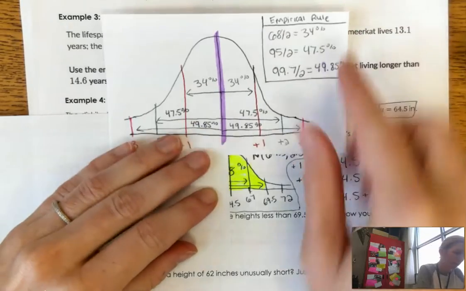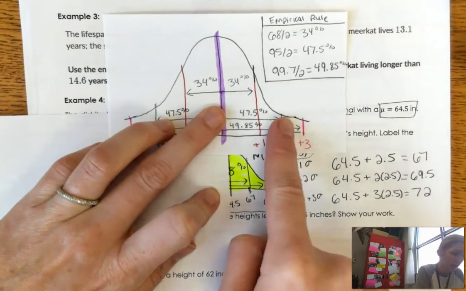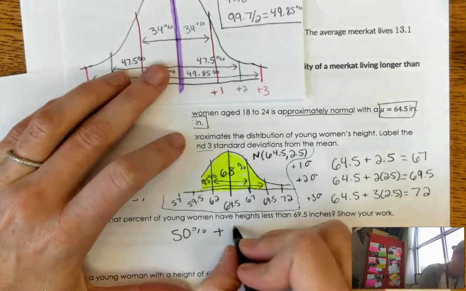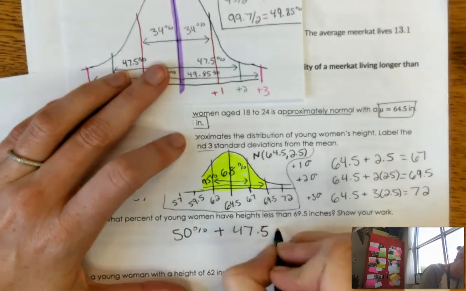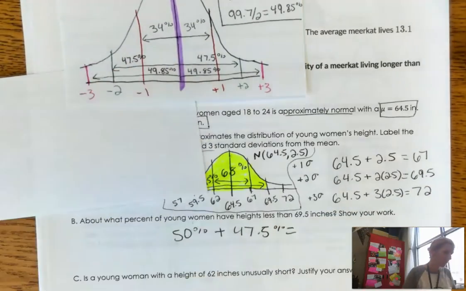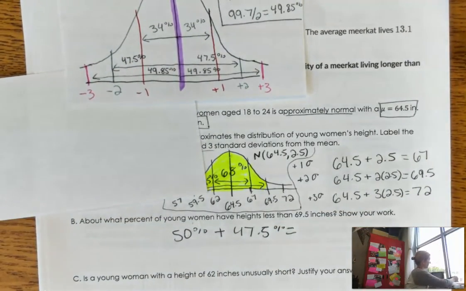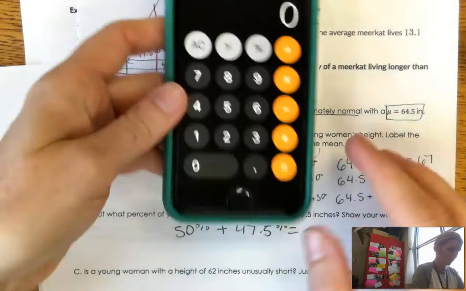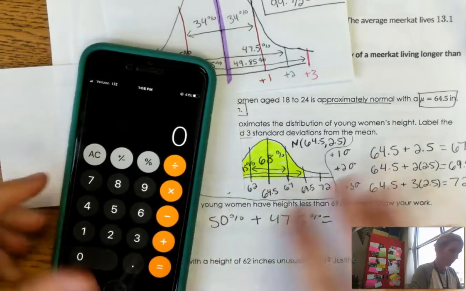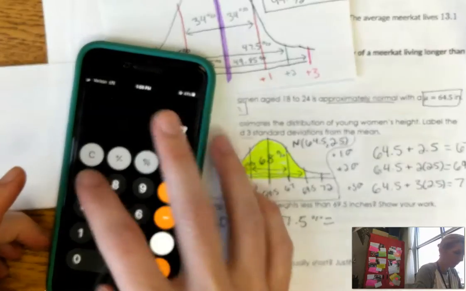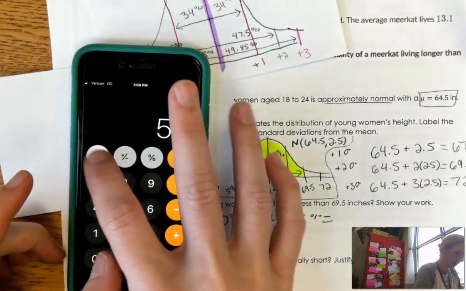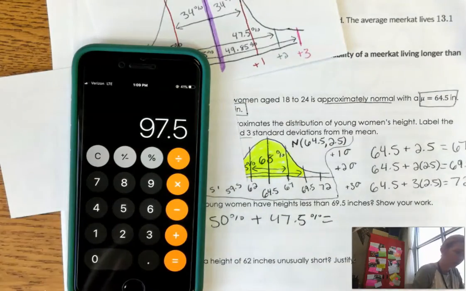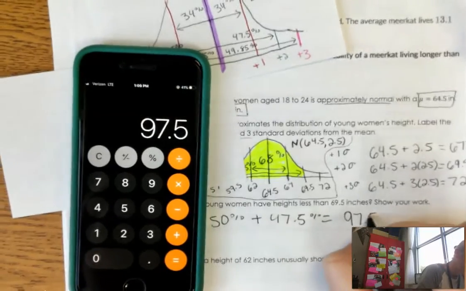So what percentage did we say was 2 standard deviations above the mean? 47.5%. So I'm going to add 47.5%. So that's going to give us 50 plus 47.5 gives us 97.5%.